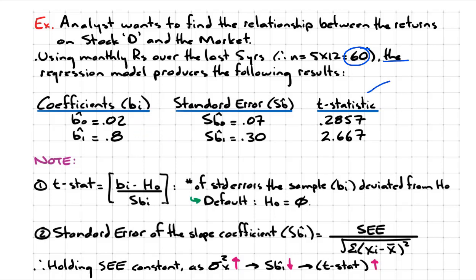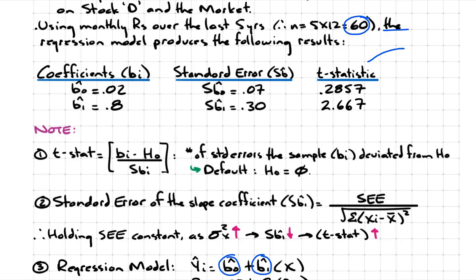Now this third column, which is referred to as the t-statistic or t-stat, measures how far the value for B deviates from the hypothesized value when measured in units of standard errors. Basically, what we want to know is how far the B value is from the hypothesized value.